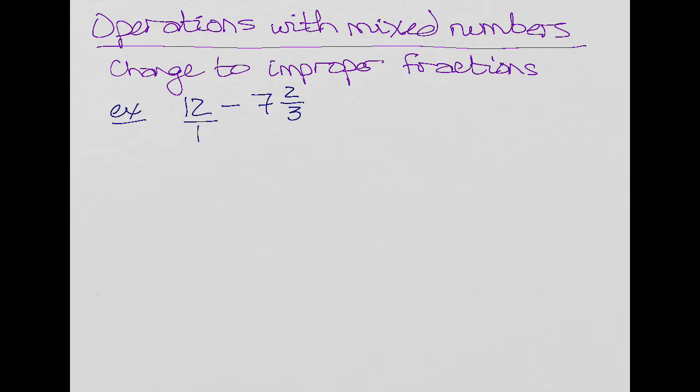I can get an equivalent fraction by multiplying top and bottom by the same thing. I want the denominator to be 3, so if I multiply the numerator also by 3, I will get something that's equivalent to 12. Looks like 36 over 3.